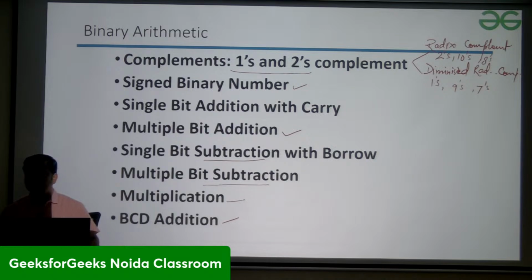Like in the previous slides, I was discussing that adding BCD numbers will result in some exceeding value. So how do we tackle that kind of values? We'll look at all such information in this particular part.